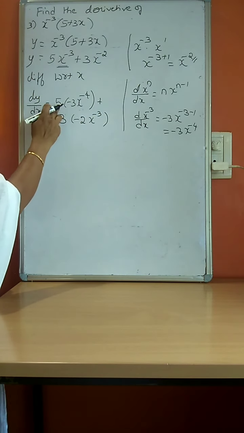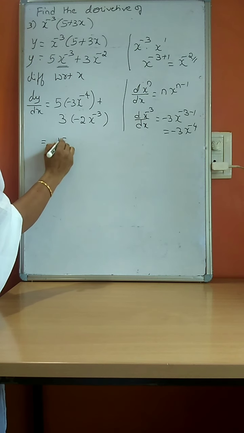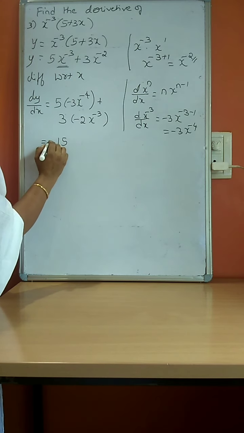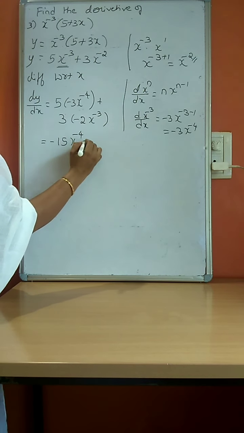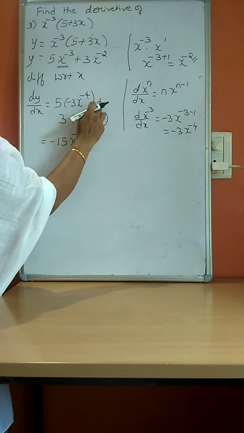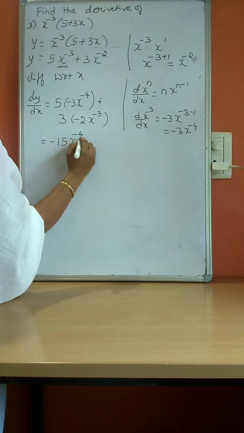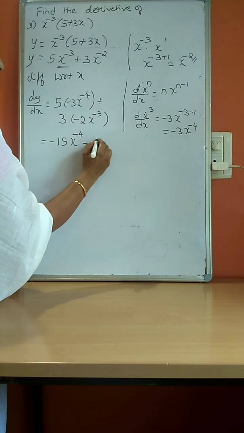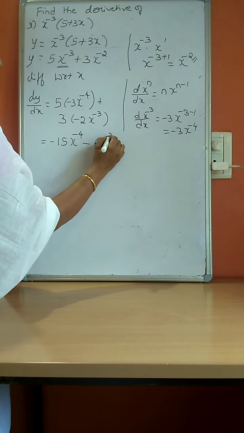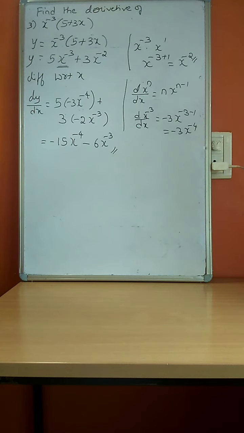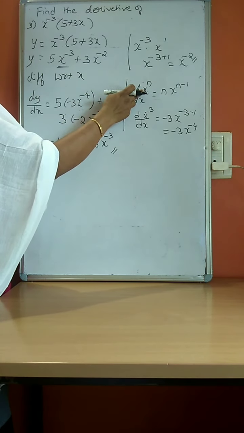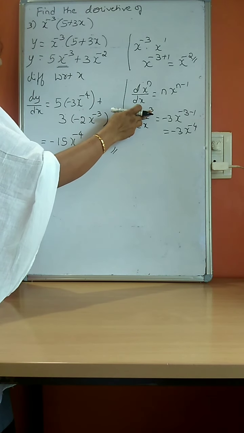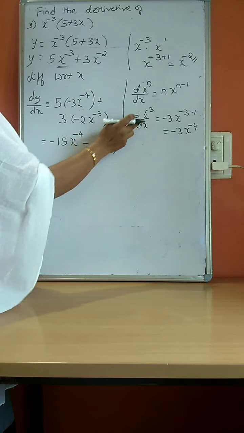This must be equal to 5 times minus 3 is minus 15 x to the power of minus 4, plus 3 into minus 2 is minus 6 x to the power of minus 3, which is the required solution. If you know this formula, easily you can write for both positive sign and negative sign.